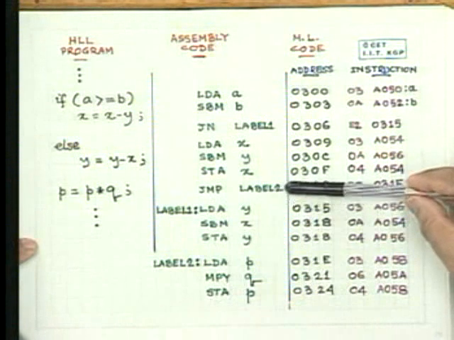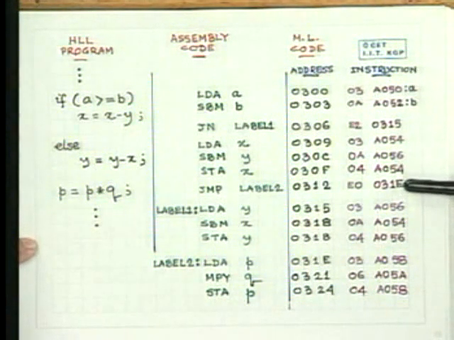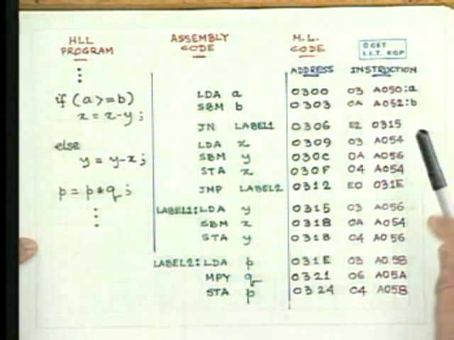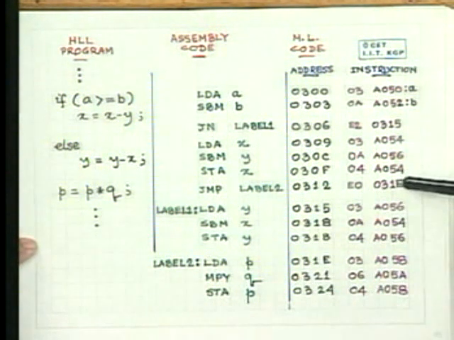Essentially, therefore, any conditional jump is a two-way branch. Either it continues sequentially or it takes a branch on the condition being true. Now here another jump instruction is there, and that is an unconditional jump, which means that at the end of the fetch and decode of this instruction, though the program counter will be pointing to location 0315, it will be superseded by the address 031E, which has already been fetched.